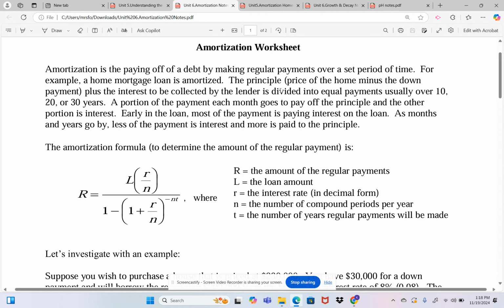So a lot of times, I know when I was you guys' age, I bought a car, and when you pay your car payment, most of your money the first year or two goes towards interest. However, if you want to pay extra, you can mark on there that you want it to go towards the principal, and that way you're likely to pay your car off faster.